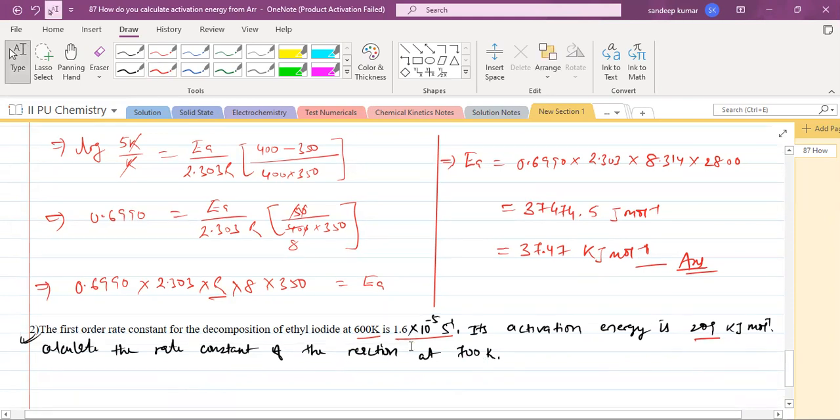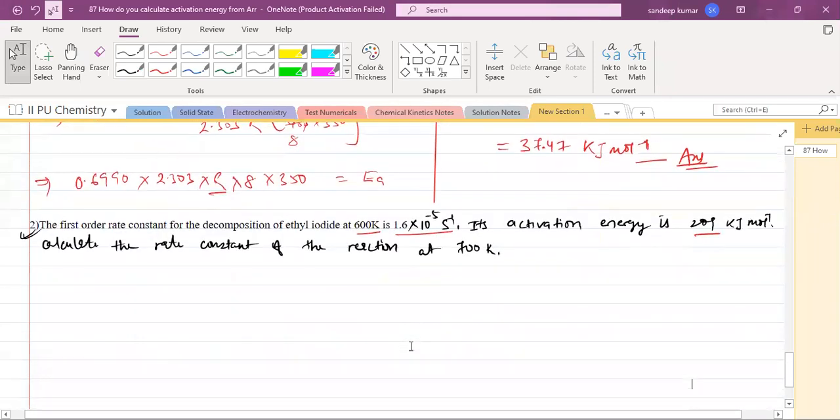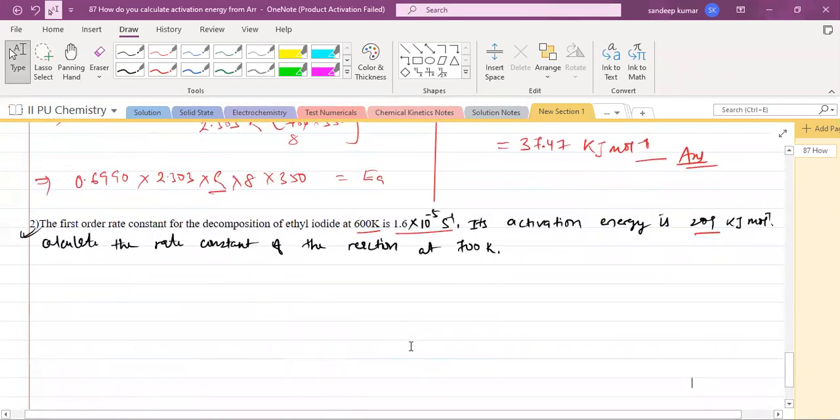Okay, what is given? You will see. Temperature T1 is given. First you write the given condition. Then see the solution. First temperature is 600 Kelvin, right? And the rate constant K1 is given: 1.6 into 10 to the power minus 5 second inverse.